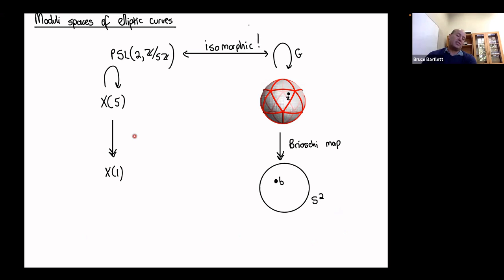This Riemann surface is actually of genus 0, and so is this. So this is S2, and this is a copy of S2 as well, just like on the right-hand side. The group acting here is PSL2, coefficients in Z mod 5Z. Right? So if I take the quotient of X of 5 by this group, then I get X1. Just like when I take the quotient here by G, I get S2 again. And it turns out that these two equivariant covering spaces are isomorphic. They have to be.